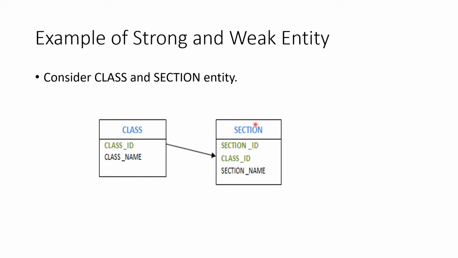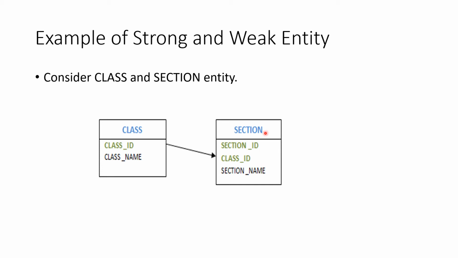If we are specifying class, then it is easy for us to explain what kind of section it is. So if we have class name as 11th and class id we have given 11, then the section is easily recognizable.